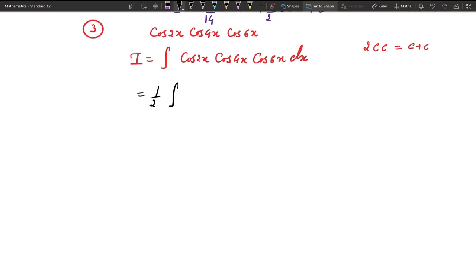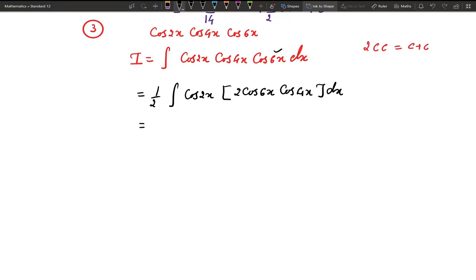In the integration, first we write cos 2x as it is. Inside we write the bigger angle first, 2 cos 6x into cos 4x dx. Now here multiply by 2 and divide by 2 and use 2 cos A cos B equals cos(A plus B) plus cos(A minus B).